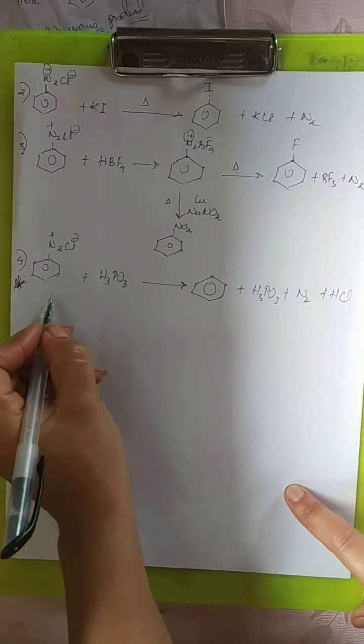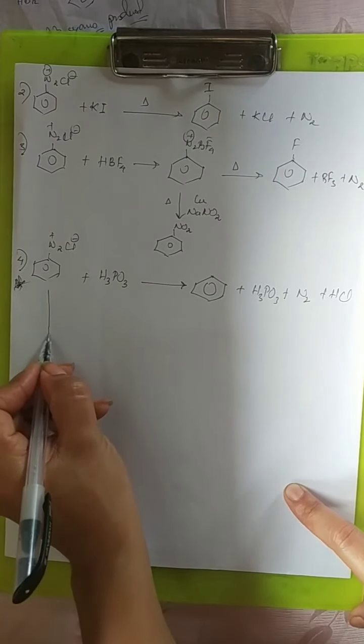Now, again, this reaction can be used when C2H5OH is used as a solvent. This solvent itself is oxidized and it reduces the benzene diazonium salt.